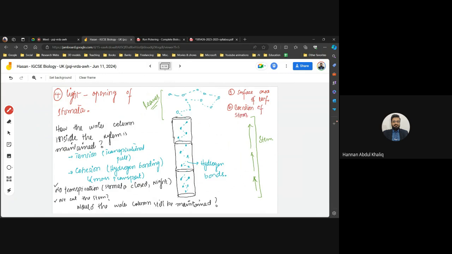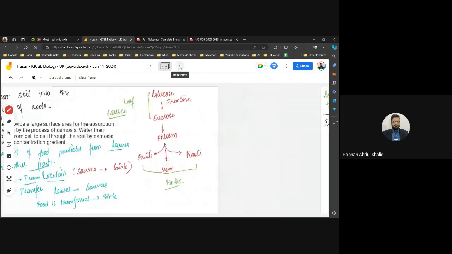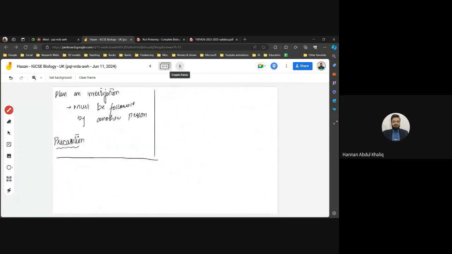Sometimes it is included in the surface area. What is the meaning of the surface area of the leaf? Remember, it means how large the leaf lamina is. Leaf lamina means leaf blade. If the leaf lamina is larger, then it certainly means you are going to have a lot of transpiration, because it indicates a large surface area.